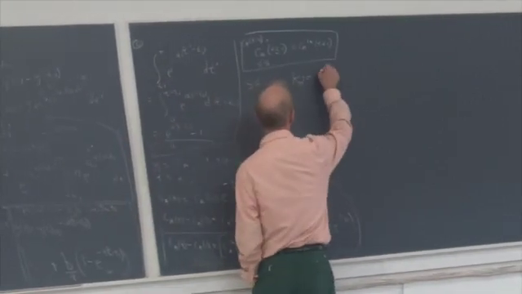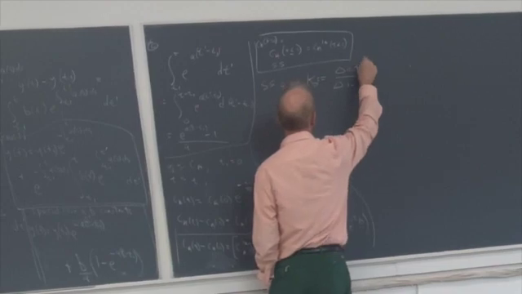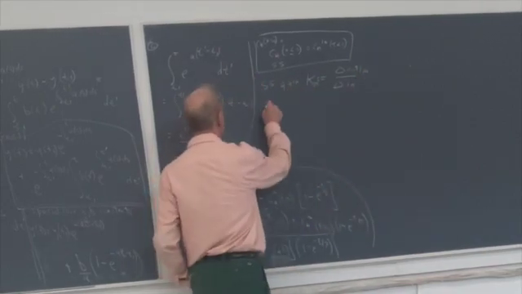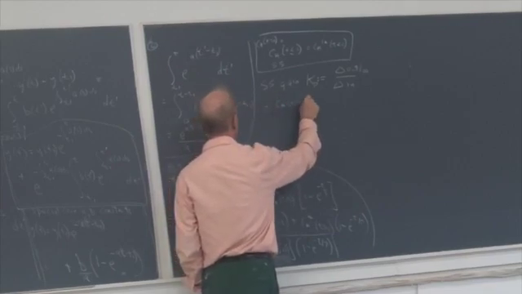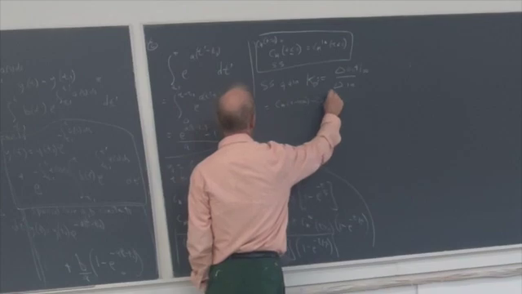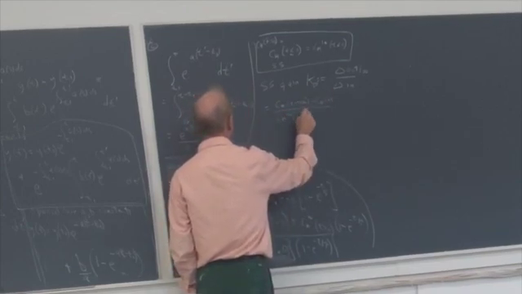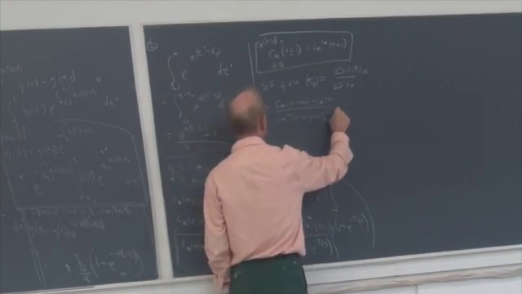KT is the change in the output divided by the change in the input at infinity, at steady state. So let's see what that means. That means CA at t goes to infinity minus CA 0, divided by CA in at t greater than 0 minus CA in at t less than 0.